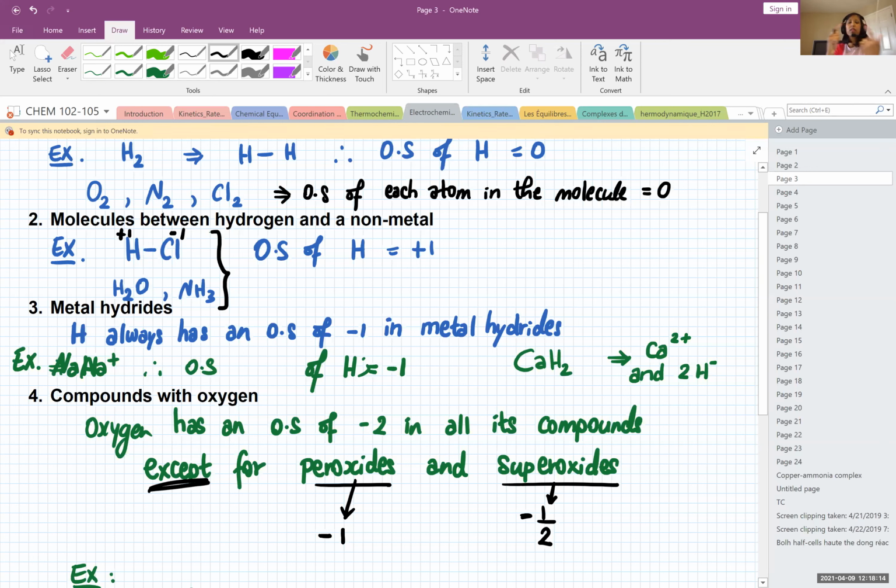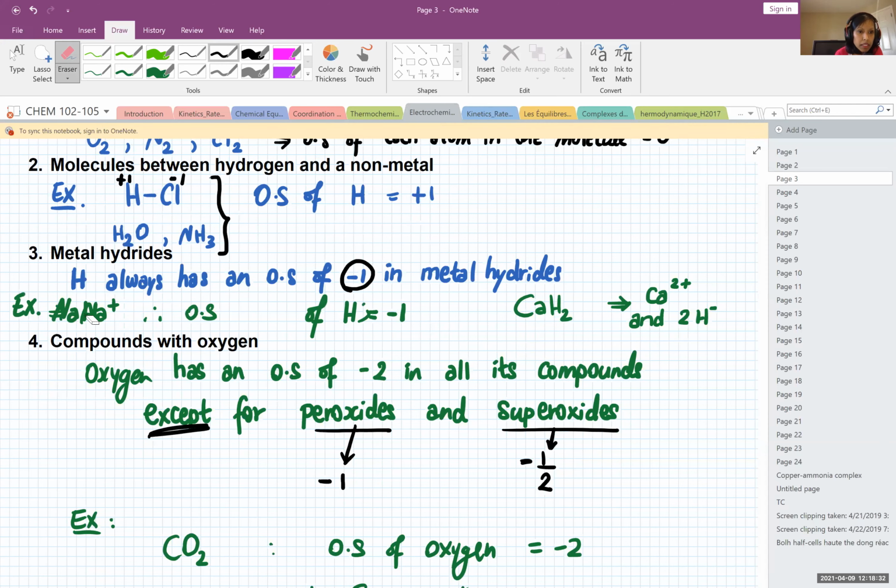The sum of oxidation states in neutral molecules always adds up to 0. But if hydrogen is bonded to a metal, then things are different. Then it has a -1 oxidation state. My example was NaH, and the slide got messed up here. The oxidation state of hydrogen is -1 here, and it makes sense.